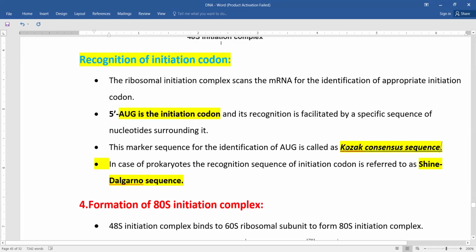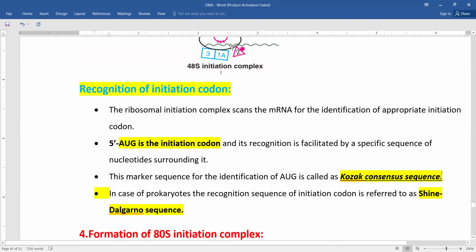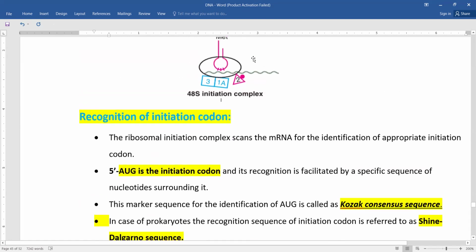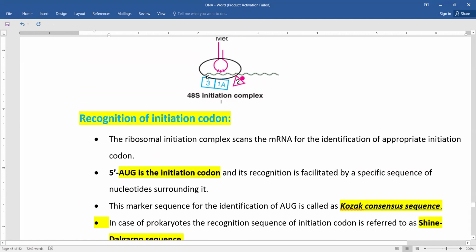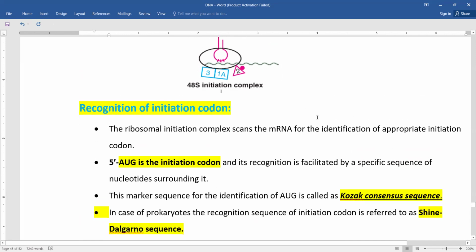Actually, this Kozak sequence is a complementary sequence present on this mRNA, and there is a 28S rRNA that exactly fits this sequence. ఆ రెండింటి మధ్య హైడ్రోజన్ బాండ్ ఫామ్ అయ్యి ఈ ఎంఆర్ఎన్ఏ ఫిట్గా దీనికి అటాచ్ అయింది.